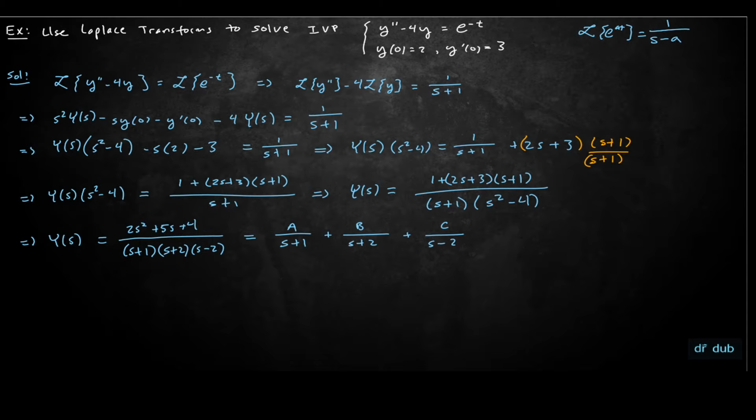And this one I'll do a different way. Well, I guess I could plug in specific values. So the partial fraction decomposition is going to give me 2s squared plus 5s plus 4 equals A times s plus 2 times s minus 2, plus B times s plus 1, s minus 2, plus C times s plus 1, s plus 2.